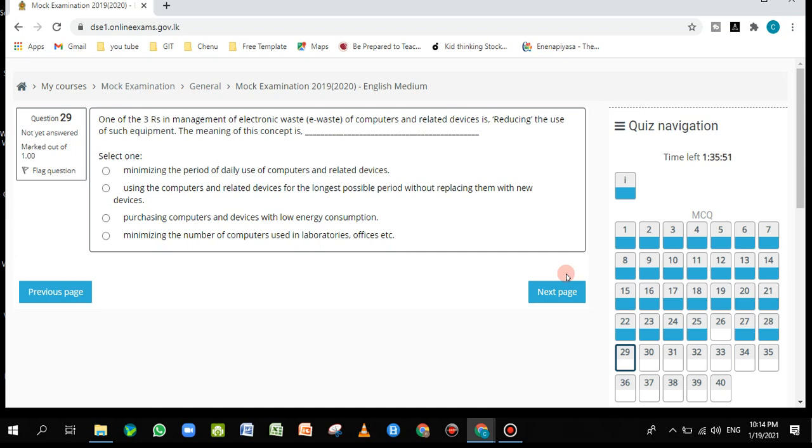Using the computers and related devices for the longest possible period without replacing them with new devices, this is the correct answer. That is also reducing. Purchasing or minimizing users is not practical. Then we'll go to the next one.